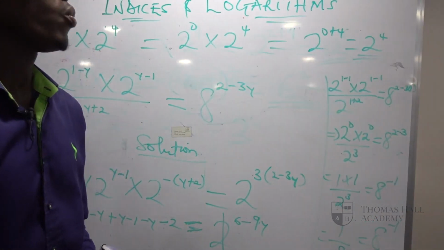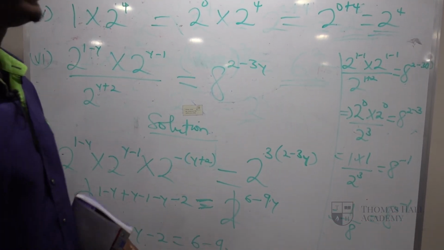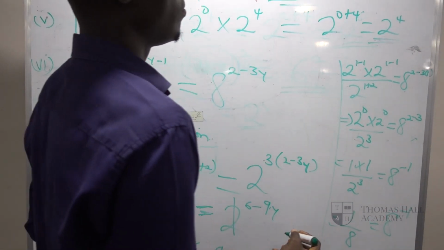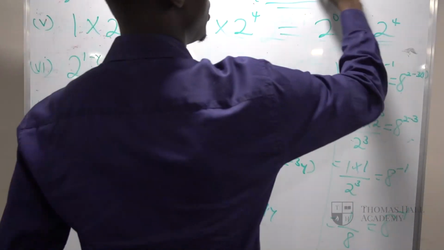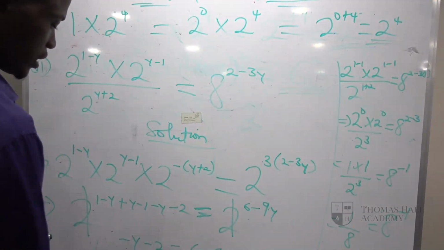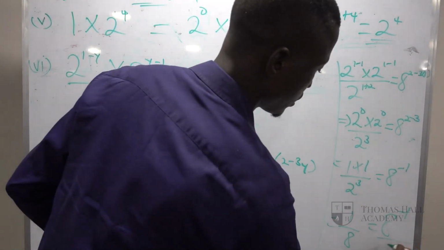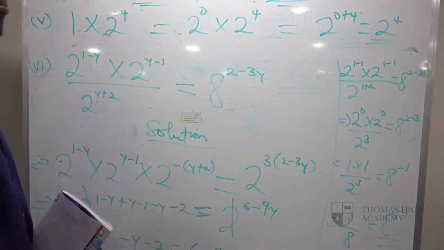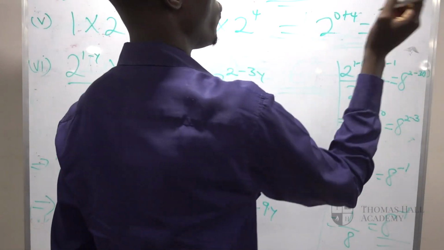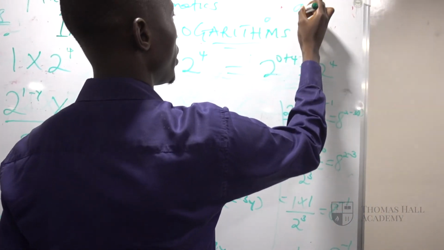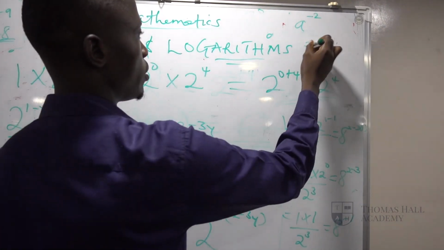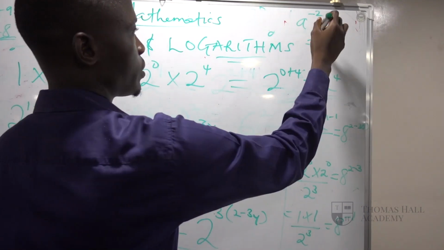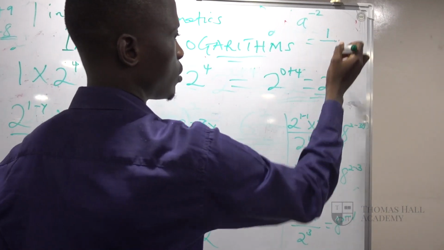In indices, whenever the power is negative, now that takes us to one of the rules again. 1 over 8 is the same thing as 8 raised to the power minus 1. Whenever the power of a number is negative, for example, we have a raised to the power minus 2, we can write it this way. This minus becomes 1 over.